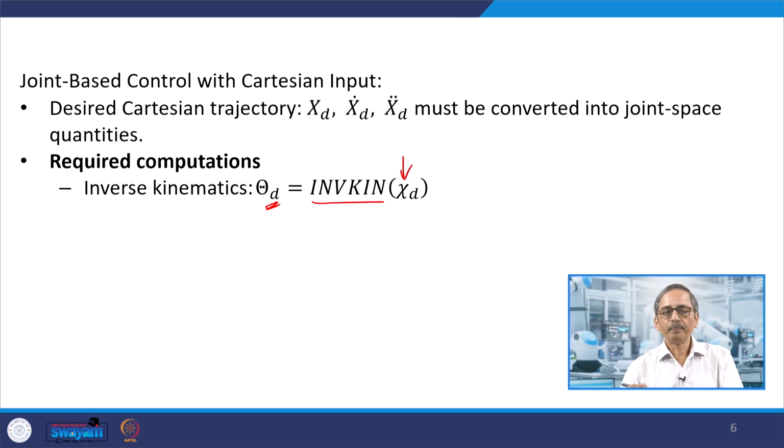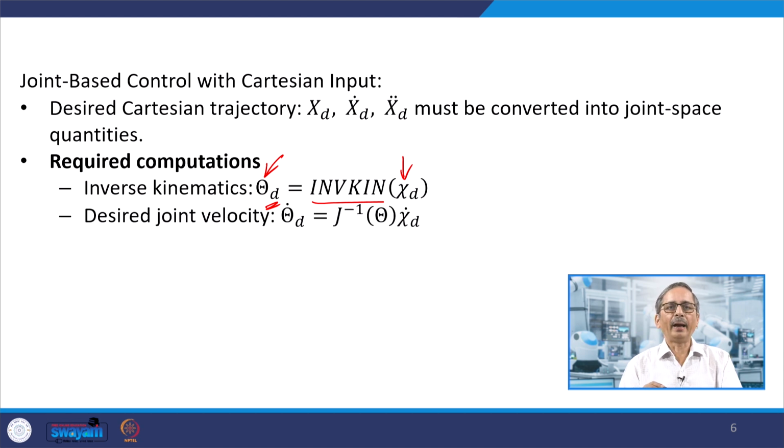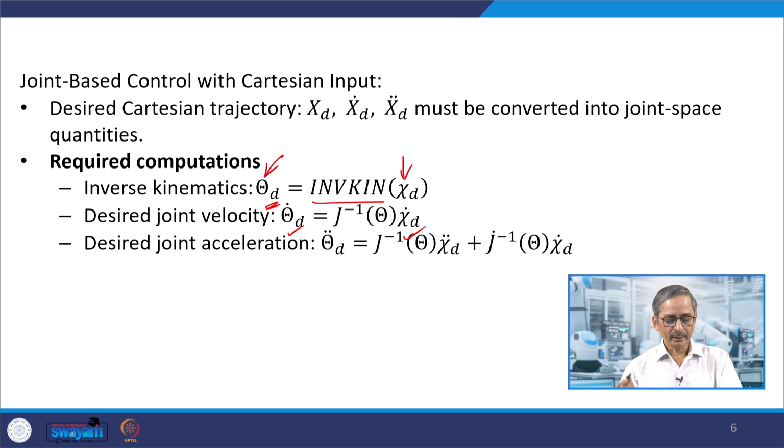If I know the end effector position and orientation, then through inverse kinematics I can get the joint position vector, and the desired joint velocity I can get using the Jacobian inverse. This concept we have already covered in our earlier lectures, and in order to get the desired joint acceleration I can take the derivative of this equation. So, this is what I get.